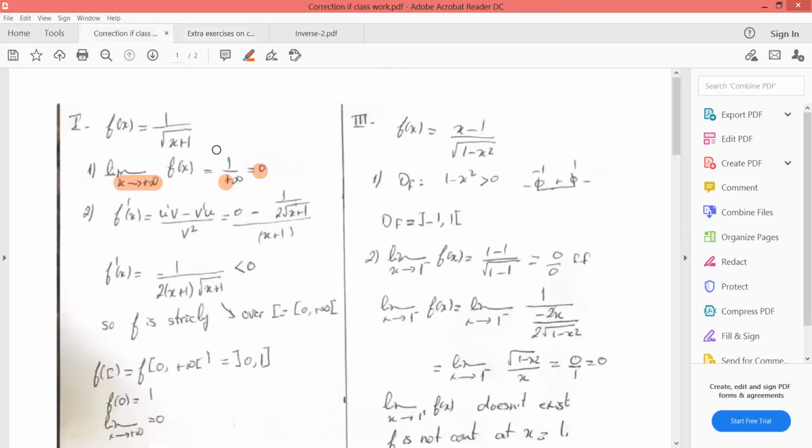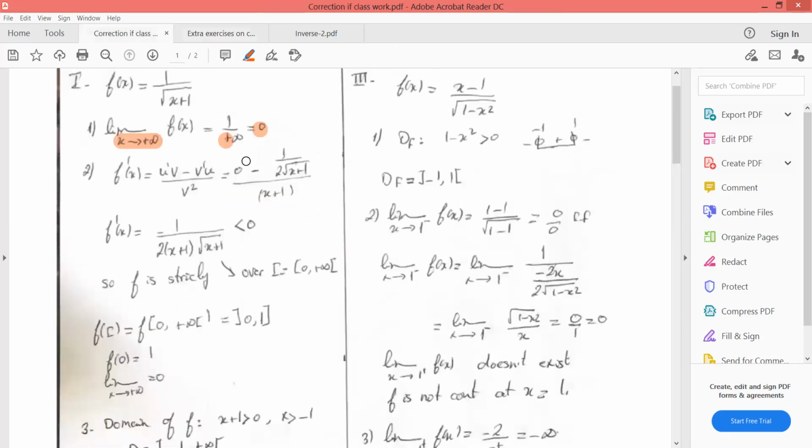So u prime v minus v prime u over v square: u prime is 0, minus v prime, which is 1 over 2 radical x plus 1, times u, which is 1. We get minus 1 over 2 times (x plus 1) radical x plus 1, which is negative. This means f is strictly decreasing over I, 0 to plus infinity. Any questions about the derivative?